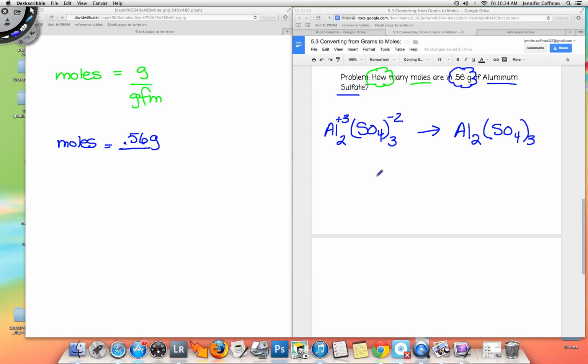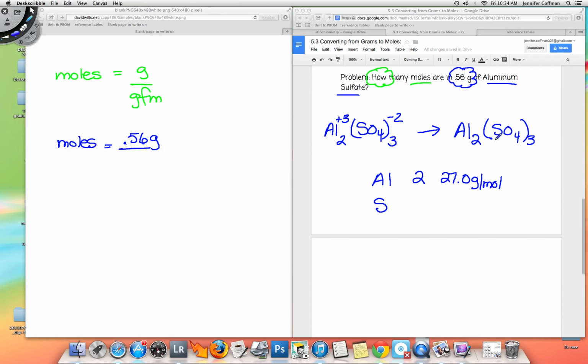So we are now going to figure out the gram formula mass for this aluminum sulfate. We have aluminum, and there are 2 of them. We have to look up how much aluminum weighs, and it's 27.0 grams per mole. Now sulfur: how many sulfurs do we have here?